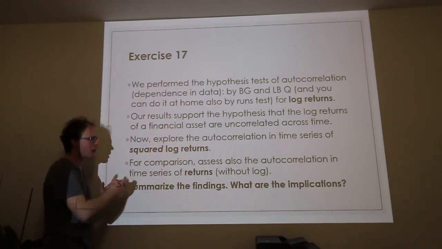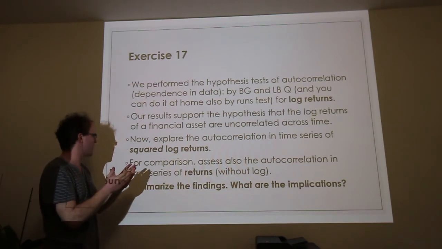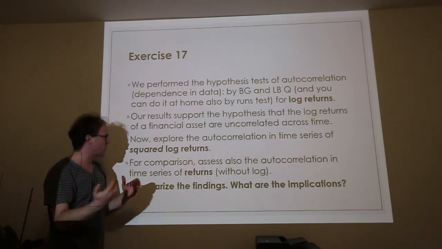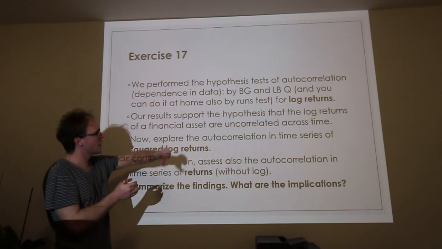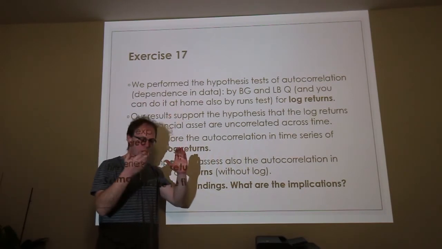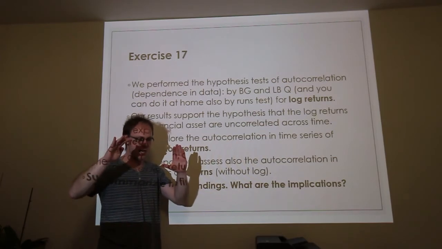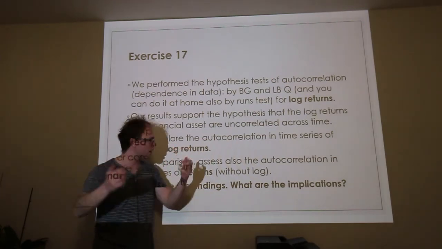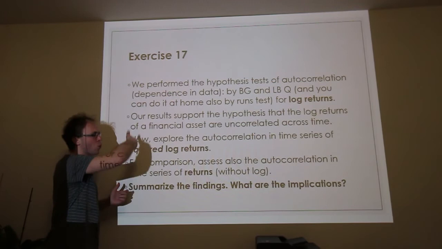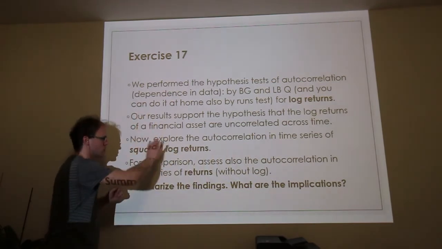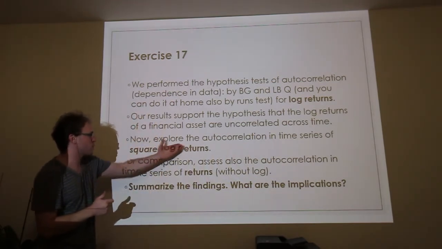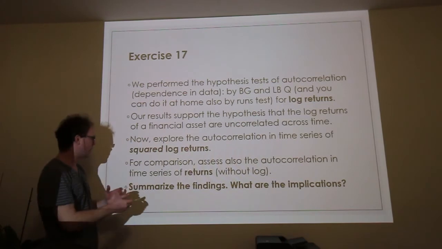Now, explore the autocorrelation in the time series of squared log returns. So we will use log returns, logarithms of the ratio of price in time t and price in time t minus 1, and we'll use the squares, the second power, of these values, and we'll explore the autocorrelation.